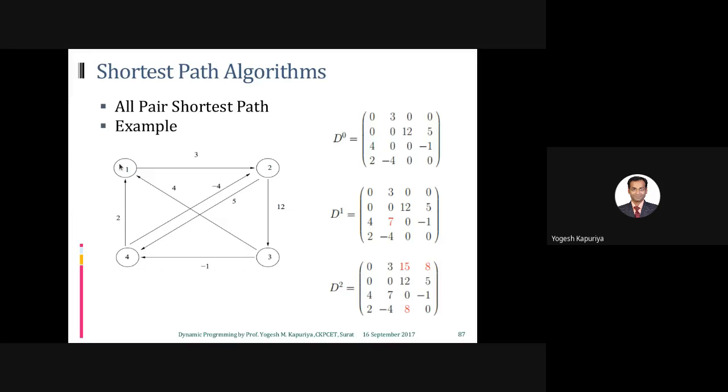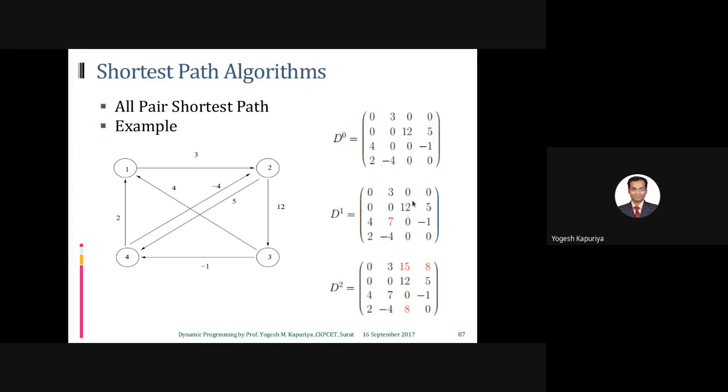Right, here you have 4 to 1 and 1 to 2, and you also have 4 to 2. So 4 to 1 is 2, 1 to 2 is 3, so 2 plus 3 is 5, and 4 to 2 is minus 4. So that will remain as it is.